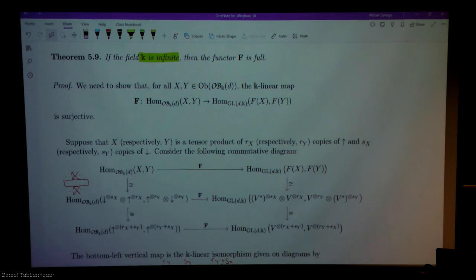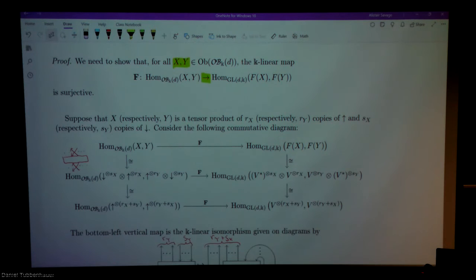So what we really need to show is that for any two objects in the oriented Brauer category, the map between Hom spaces that's induced by this functor is surjective, right? That's what it means to be full. So that's what we need to show. Okay, so let's take two arbitrary objects, X and Y. Arbitrary objects in this category are tensor products of up and down arrows.